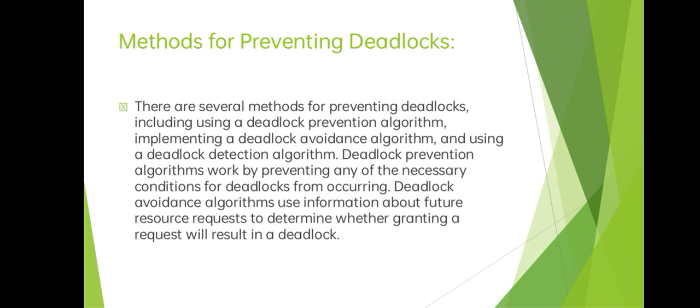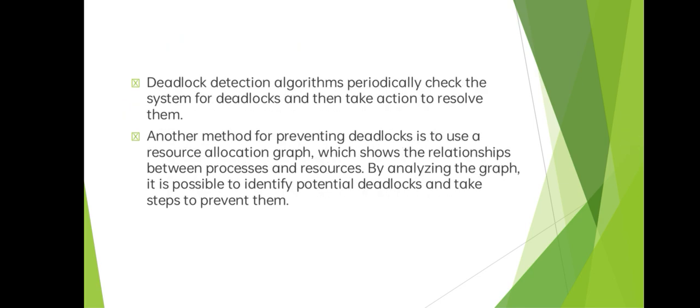Deadlock avoidance algorithms use information about future resource requests to determine whether granting a request will result in deadlock. Deadlock detection algorithms periodically check the system for deadlocks and then take action to resolve them.